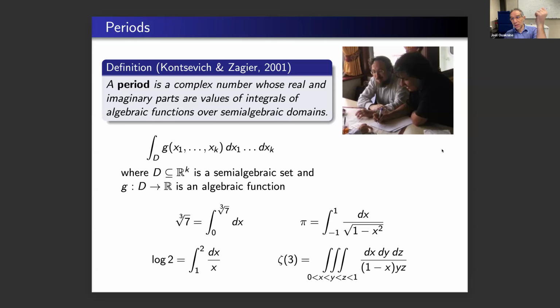In fact, all the zeta values at integers are periods. But this period is interesting. This is a so-called 3-period. It's not a 1-period because it's not a univariate integral, whereas all the other integrals that are on your screen are 1-periods because they only depend on one variable, right? Just x. And so a class of 1-periods, we'll come back to it in a second.